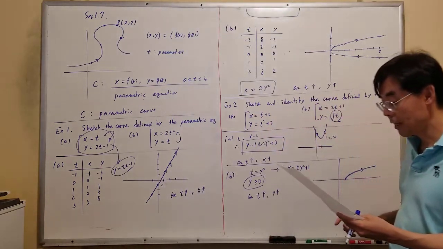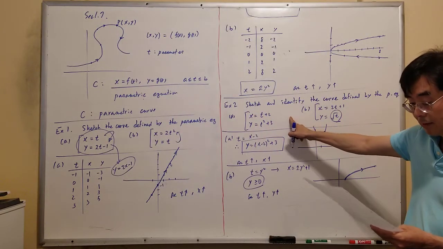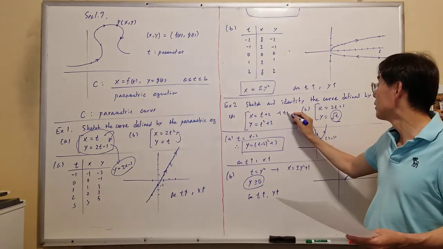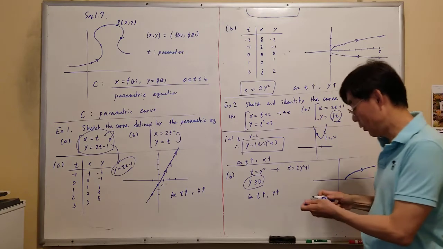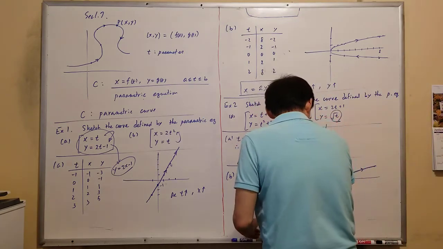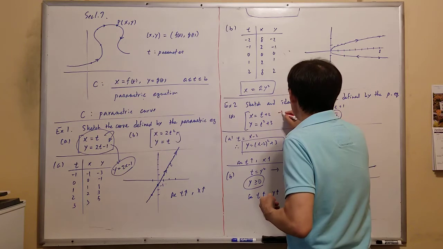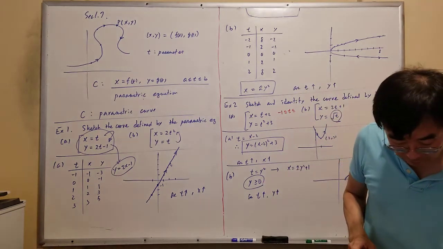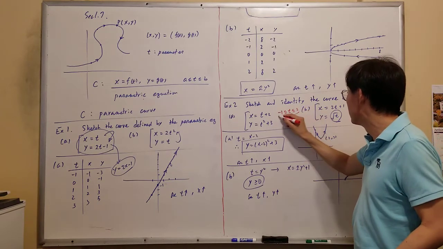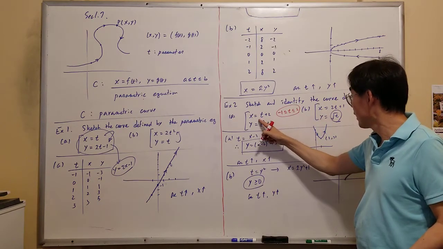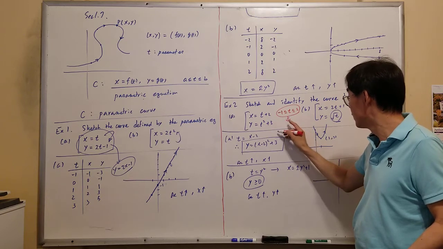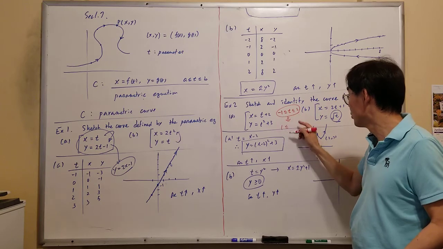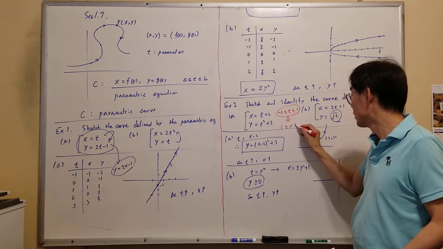Now, a remark: we're done with this example, but what if you had this restriction, t is between -1 and 2? Then, from here, x equals t plus 2, so x is between 1 and 4.